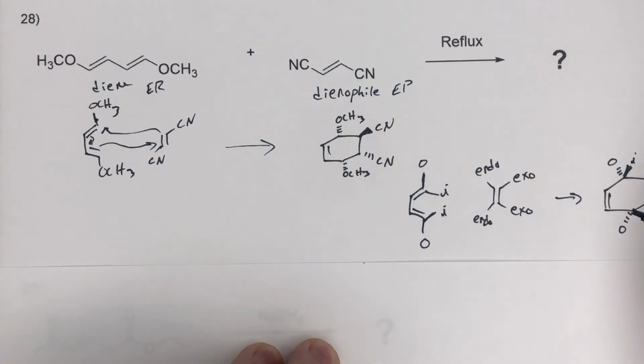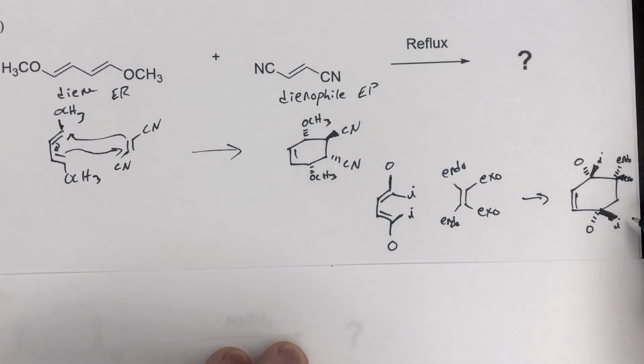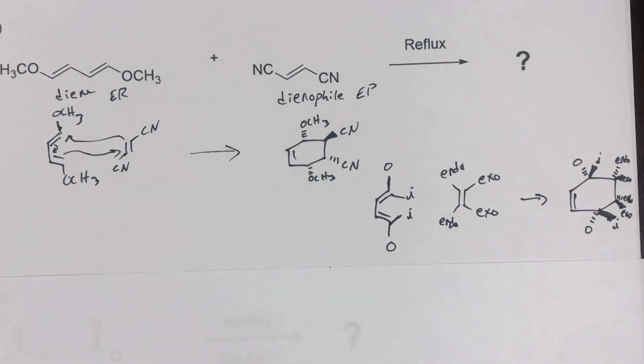Endo is dash. Sorry about that. And then what else? So endo is dash, exo is wedge. Okay, so hopefully that is clear and useful for you.